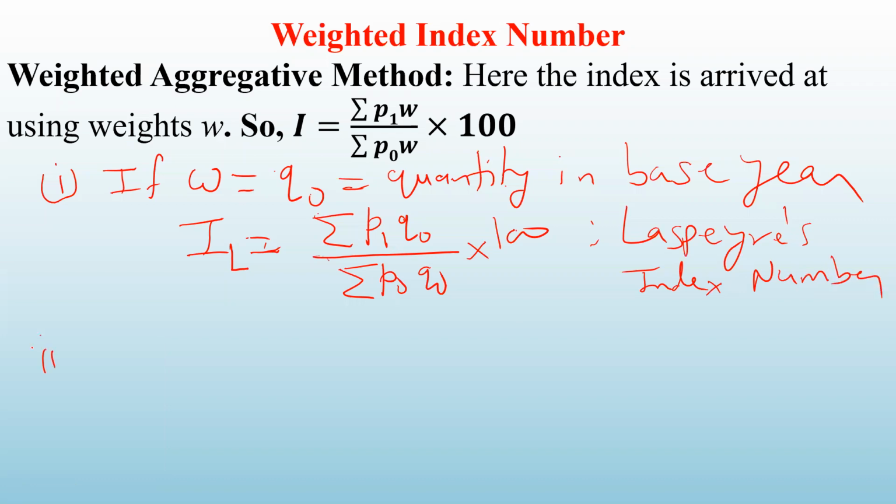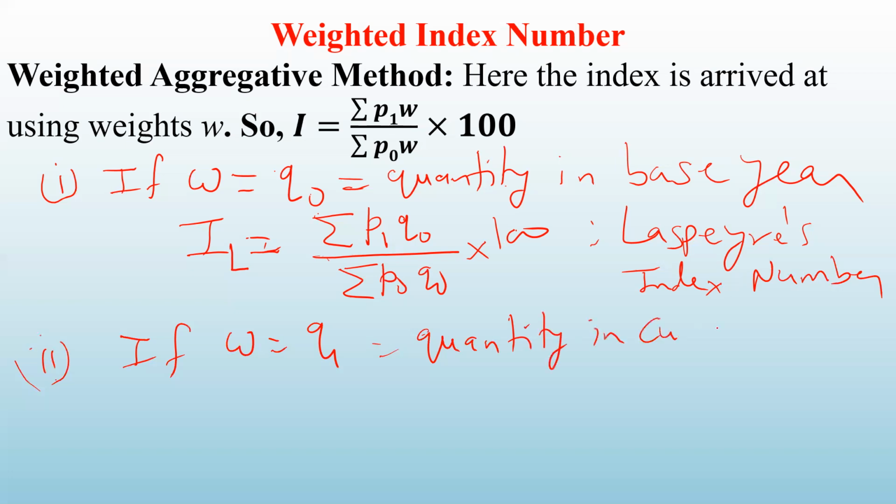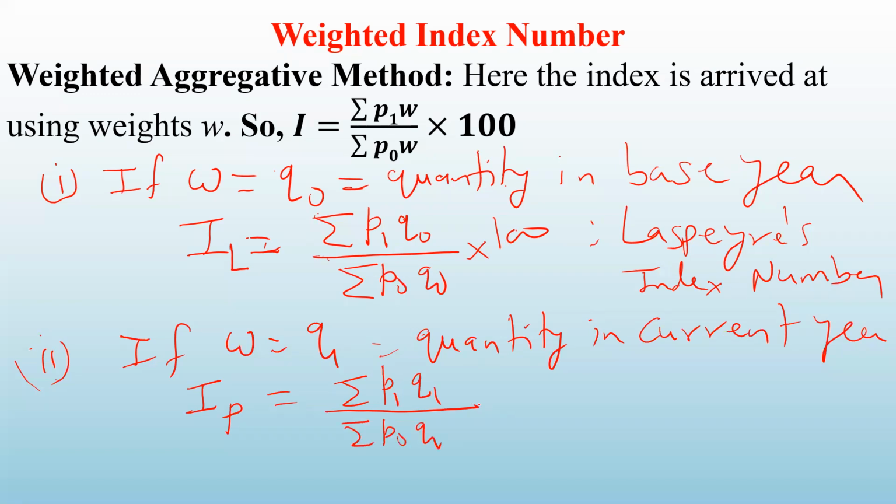The second one: if you take W equal to Q1, Q1 means quantity in the current year, then the index number which you will get is called Paasche's index number. It is denoted by IP. It is given by summation of P1 into Q1 divided by summation of P0 Q1 into 100.